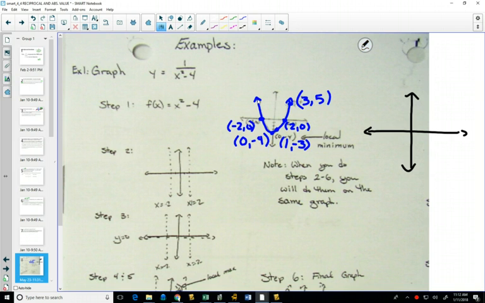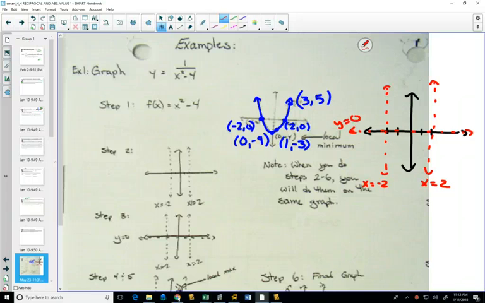So at 2 and negative 2, you'll draw asymptotes. And when y equals 0, you'll draw a horizontal asymptote. Because your graph keeps getting bigger and bigger and bigger, you will have a horizontal asymptote at y equals 0.